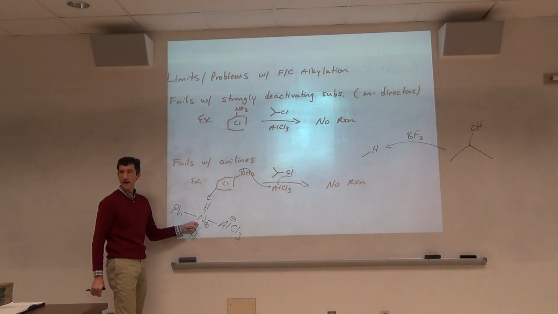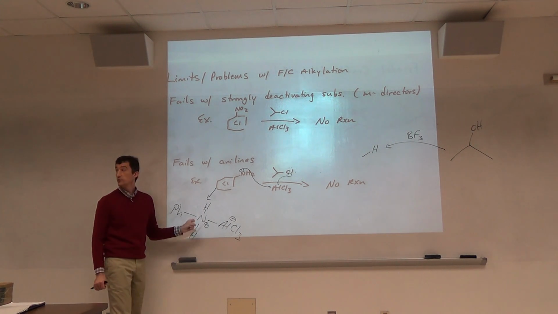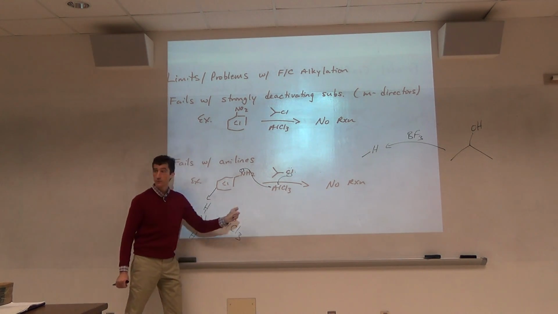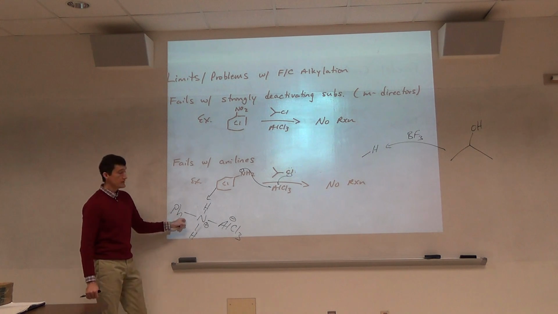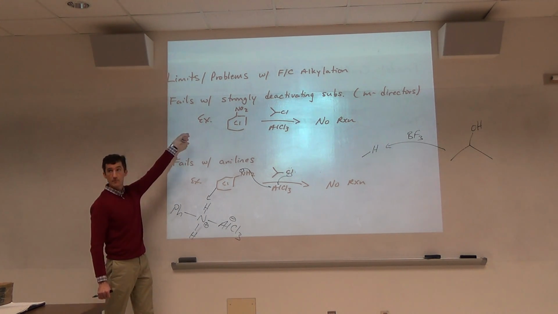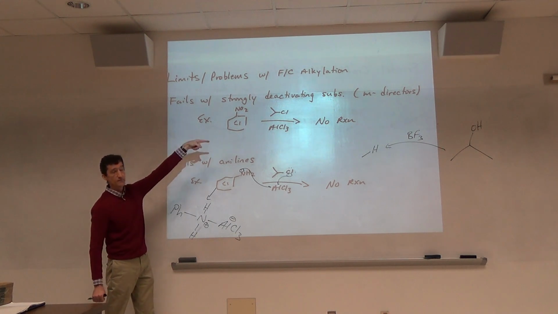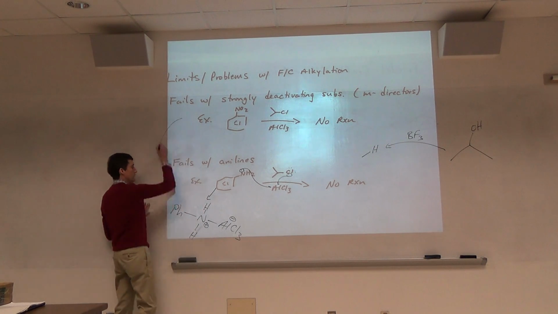It's an electron-poor atom with no lone pair. It's now group 4. Complexation of the amine with the aluminum trichloride turns it into group 4 here. And now what do you do? You refer to problem number 1. The reaction doesn't work when you have a strongly deactivating sub. Okay? Refer to that.